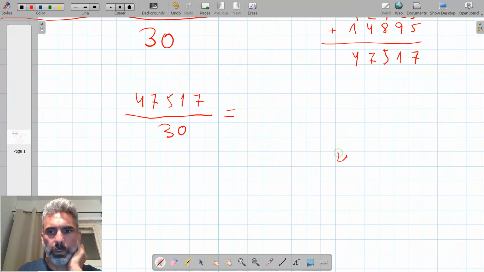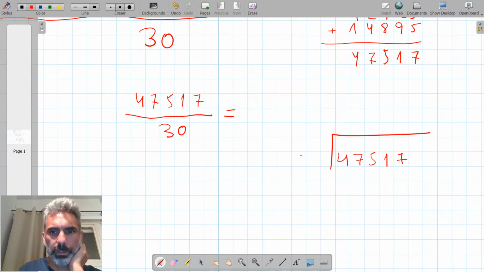So we have 47,517 divided by 30. 30 goes into 47. 1 times 30 is 30. 47 minus 30 is 17.